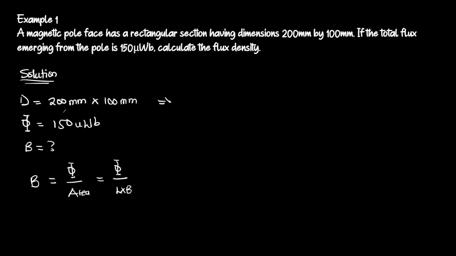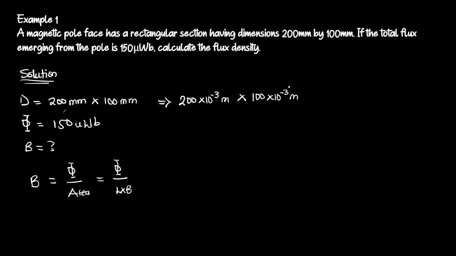So the first thing I have to do is convert the dimensions from millimeters to meters. The milli here is times 10 raised to the power minus 3. So I have 200 times 10 raised to the power minus 3 meters for the first dimension, and 100 times 10 raised to the power minus 3 meters for the second.